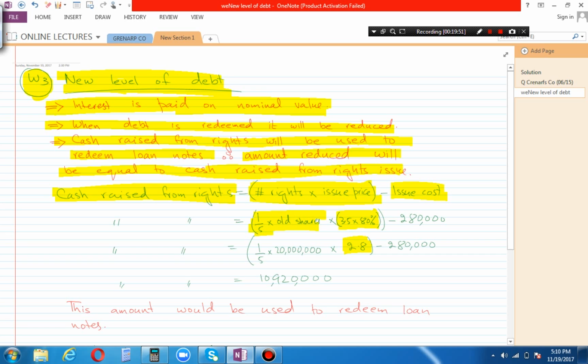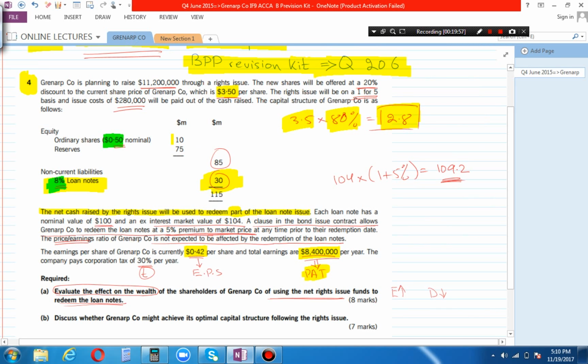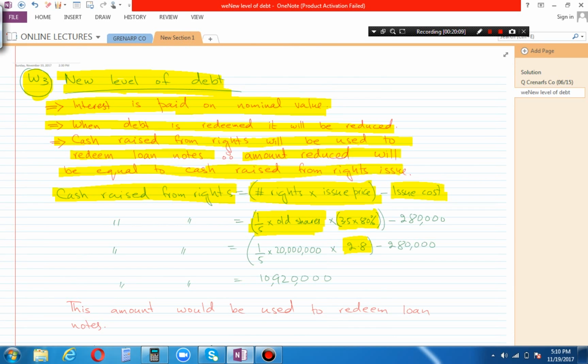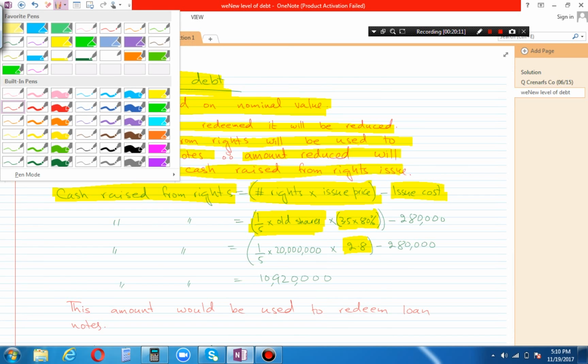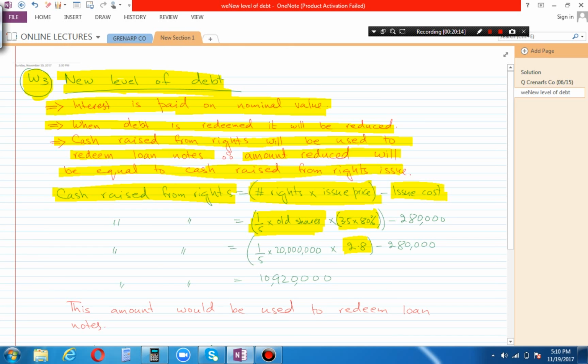So 3.5 multiplied by 80% is 2.8, which is the price of the right, and the number of rights is 1 for 5 multiplied by the old number of shares. The old number of shares in our balance sheet is 10 million divided by 0.5, which would be 20 million shares. So 1 for 5 multiplied by 20 million, multiplied by 2.8, minus 280,000 would give us 10.92 million, and this is the cash raised from the right issue.